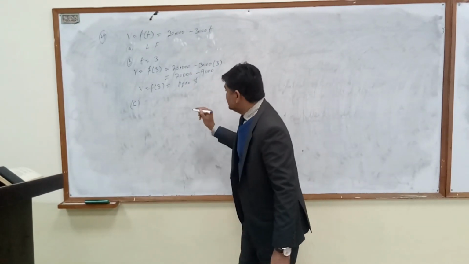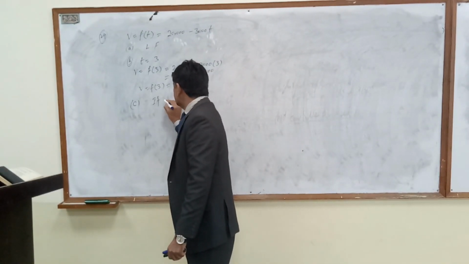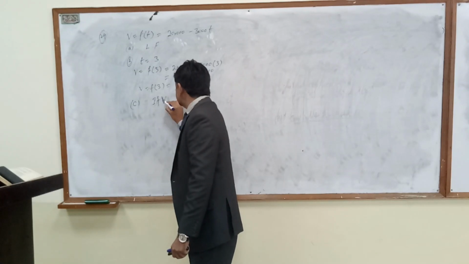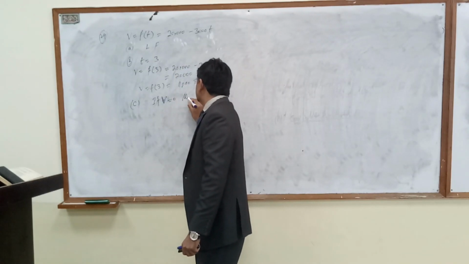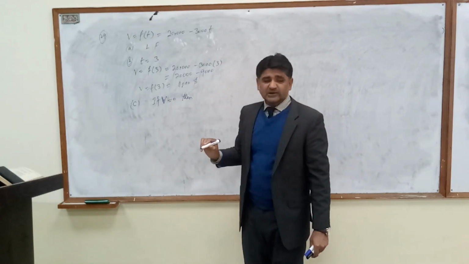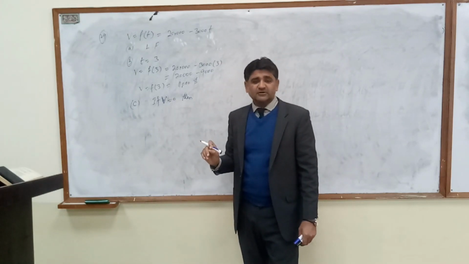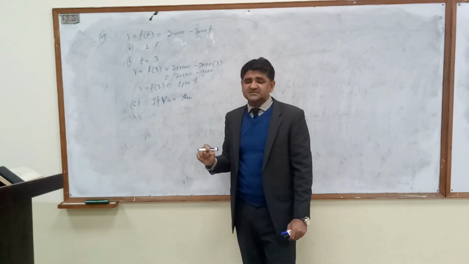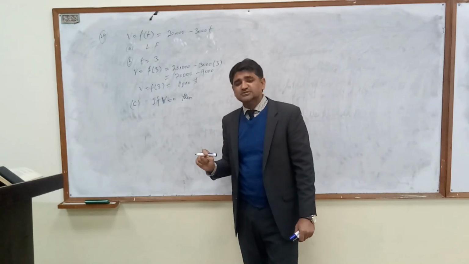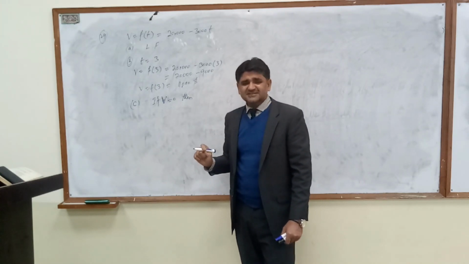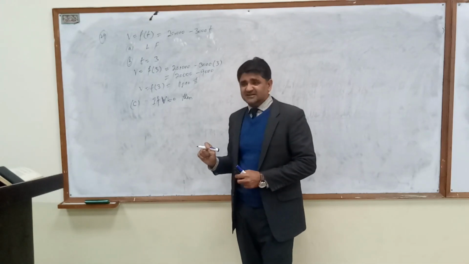Clear? So in this case, if V is equal to 0, after how many years is the value of truck equal to 0? And how much does it decrease every year?